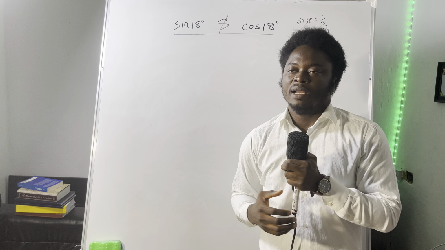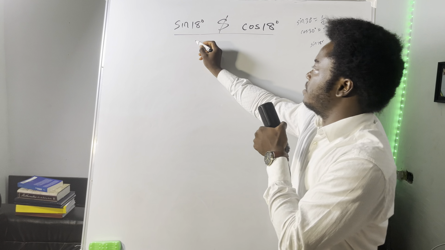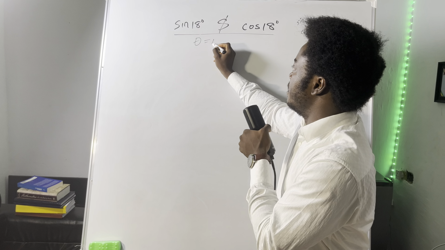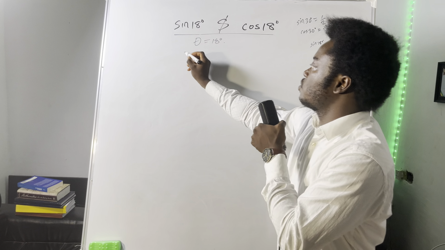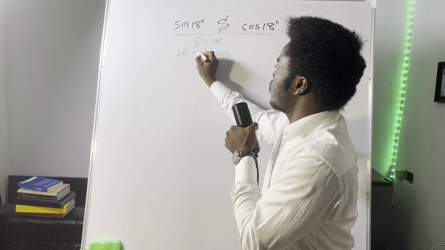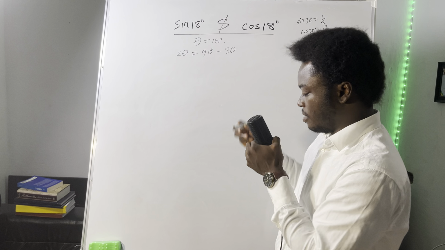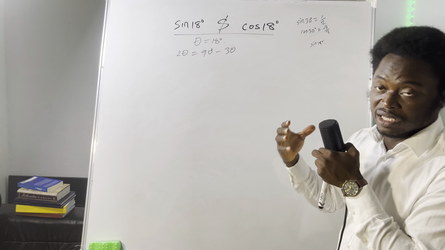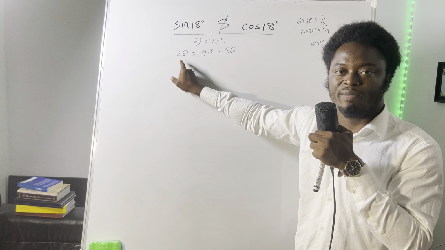Now, the motivation behind this is that you have to notice that if we set theta to be 18 degrees, then it is true that 2 theta would be 90 degrees minus 3 theta. First of all, let's see if this is true. If theta is 18 degrees, 2 theta would be 36 degrees.